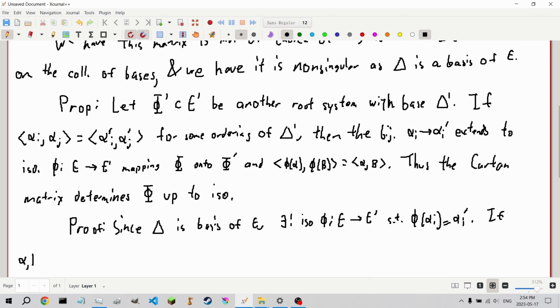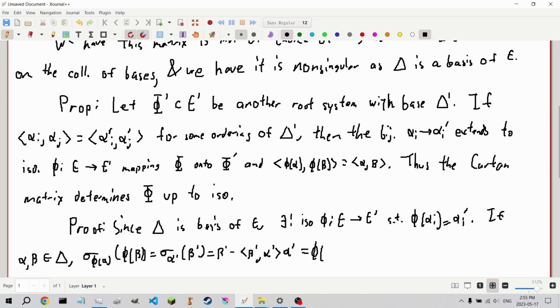If alpha and beta are in our root system, then we have that sigma of phi alpha, applied to phi beta, is equal to sigma of alpha prime applied to beta prime, which is beta prime minus the angle bracket of beta prime with alpha prime, times alpha prime, which is phi beta minus the same thing without the prime symbols.